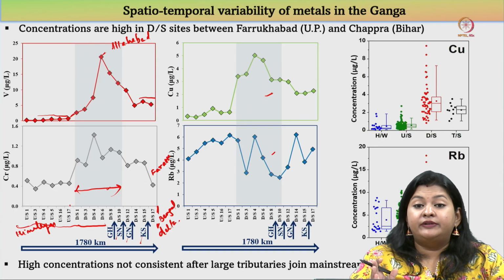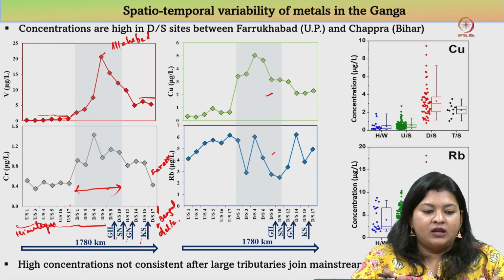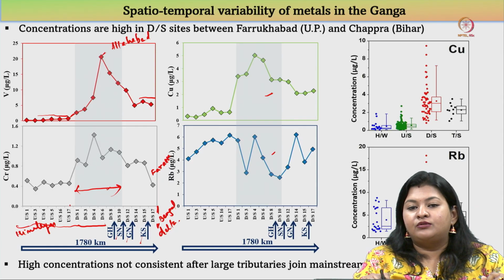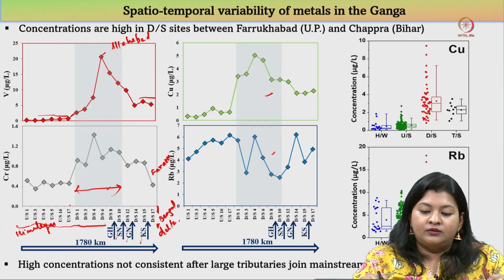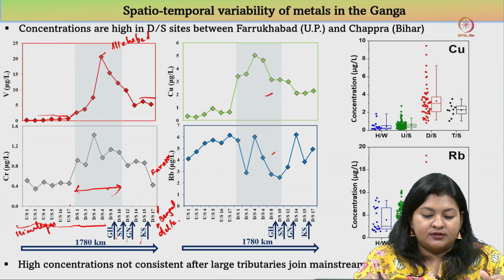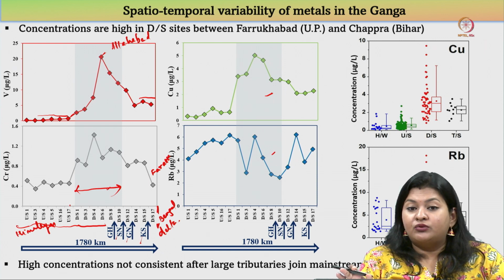So, how does the river react? How does it change from a value very close to 0 to almost several times higher at severely polluted locations?